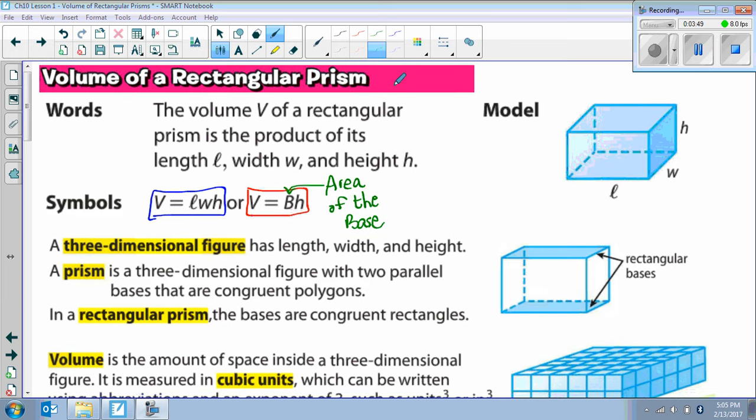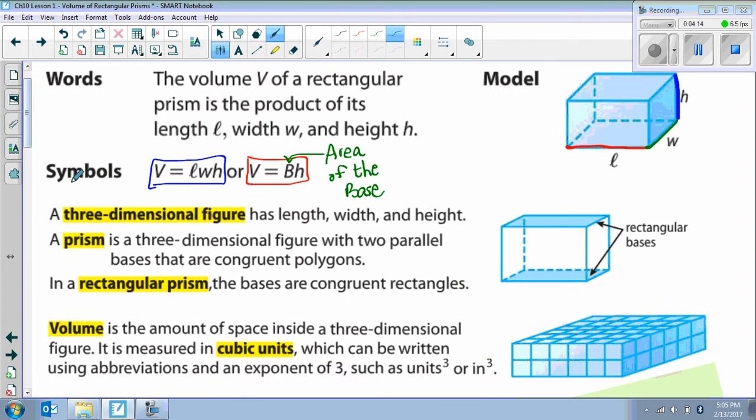Now when you look at the diagram here, you can see that there's the length. The length is right there. Then we've got the width and the height.